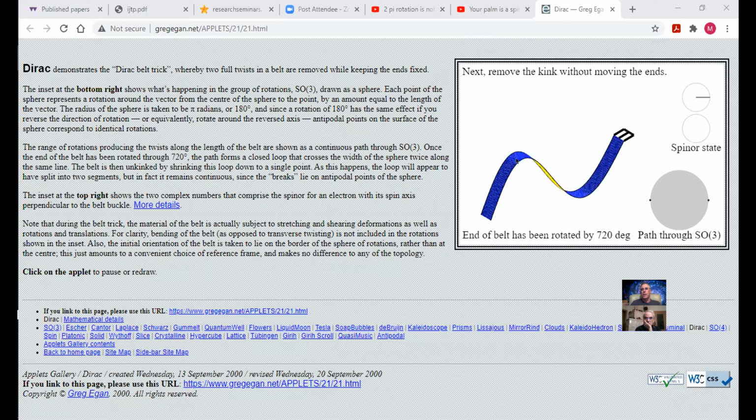So here's the belt. It's at 0 degrees, and this end's tethered. So you're rotating this end. You can't extend the rotation all the way down, because this end's tethered, and therefore, let's see if I can catch it. There we go.